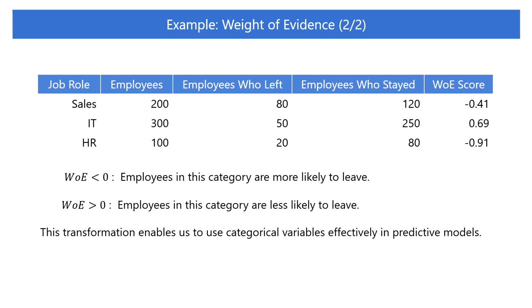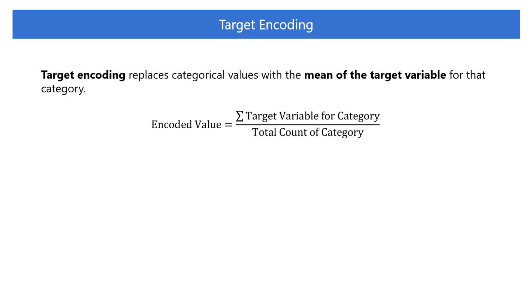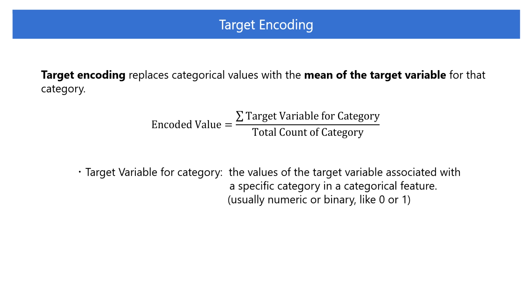Let's go on to another type, target encoding. Target encoding replaces categorical values with the mean of the target variable for that category. Here, target variable for category refers to the values of the target variable associated with a specific category in a categorical feature.